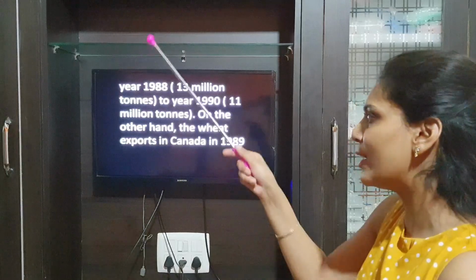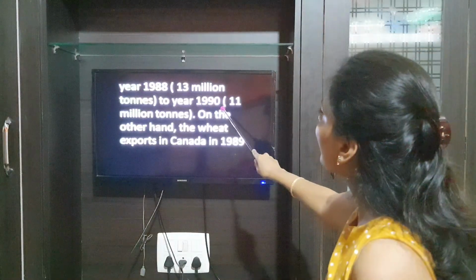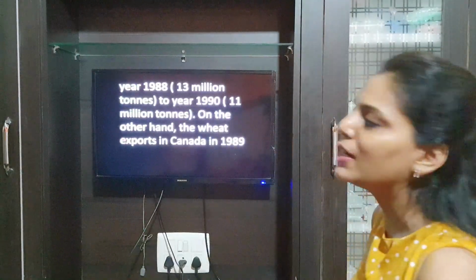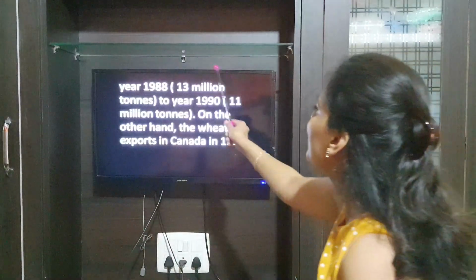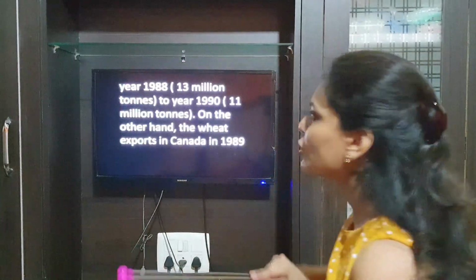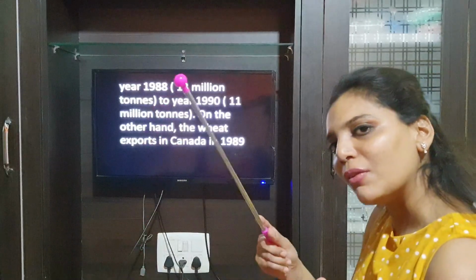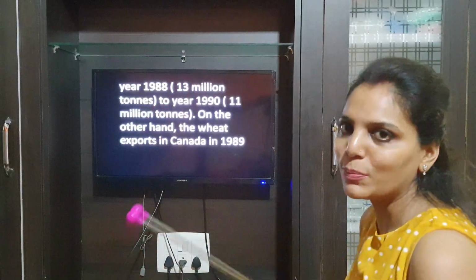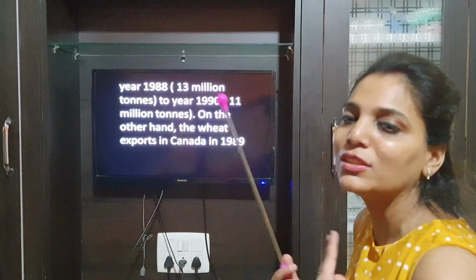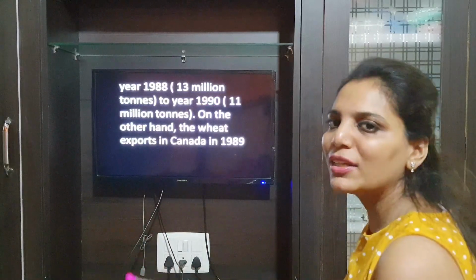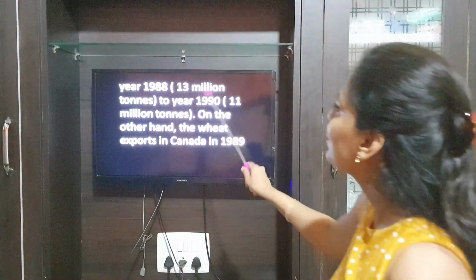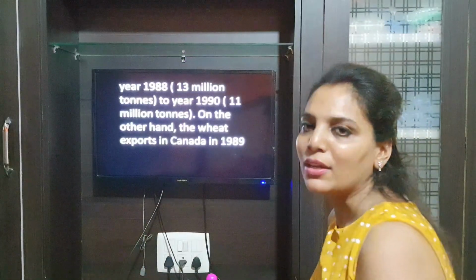We saw that the line was falling to year 1990. How much did it reach? 11 million tons. So now here we have summed up the wheat exports of Australia, that they were continuing to decrease. They experienced a downward trend, a falling trend, decreasing from 13 million tons to 11 million tons.